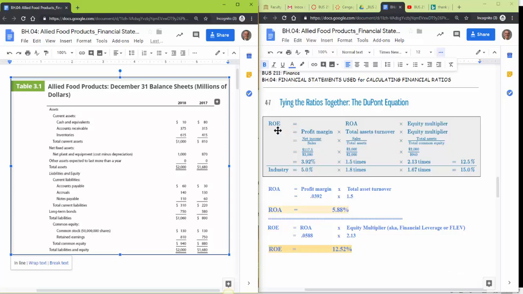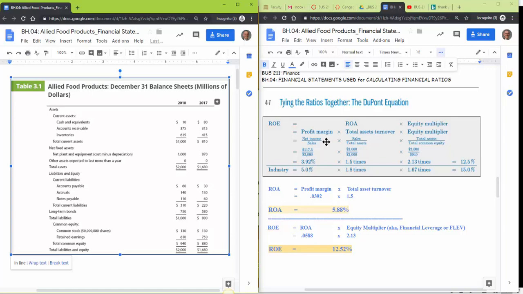The basics behind the DuPont equation is that the return on equity is the return on assets times the equity multiplier, or financial leverage. Return on assets would be the net profit margin times the total asset turnover.